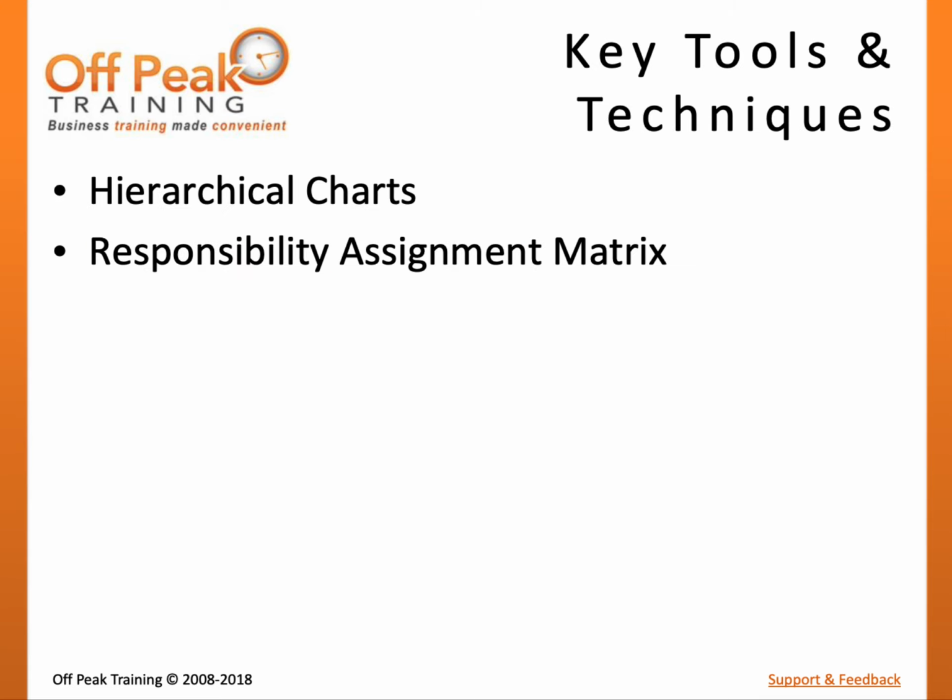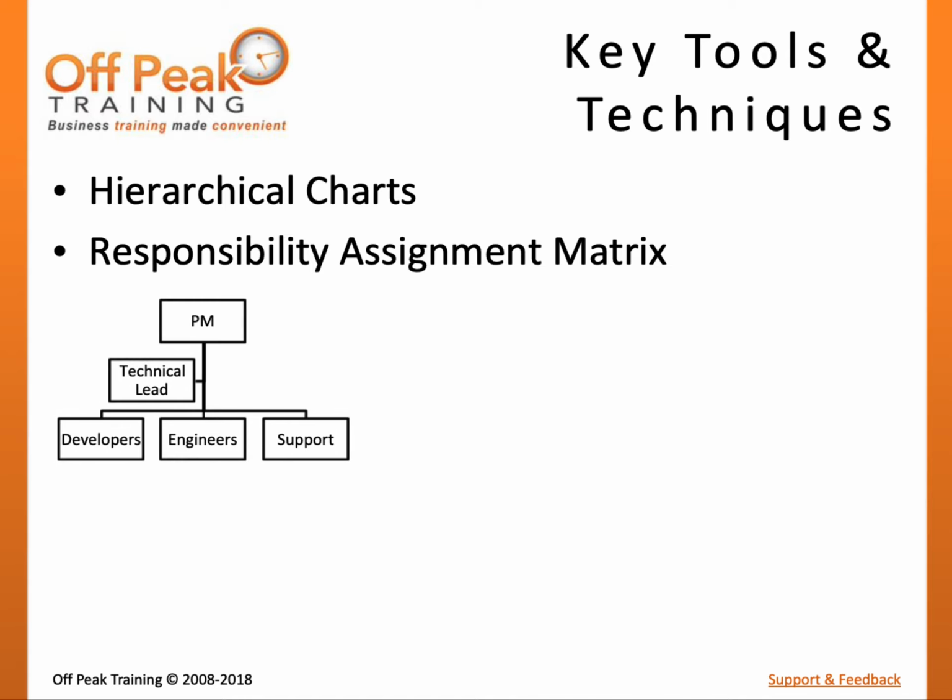There are a few tools and techniques for the Plan Resource Management process. Organizational charts and position descriptions are documents or graphical representations of all roles and responsibilities for the project. There are three major formats. Organizational charts document a hierarchy to show a top-down structure of responsibility.